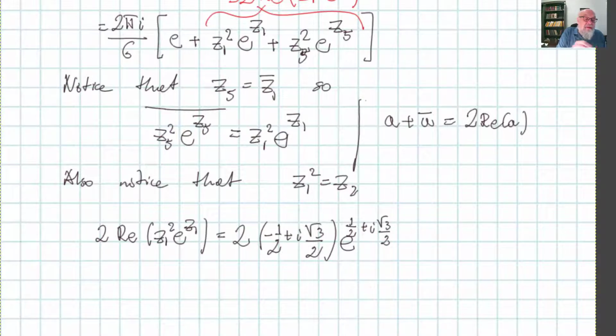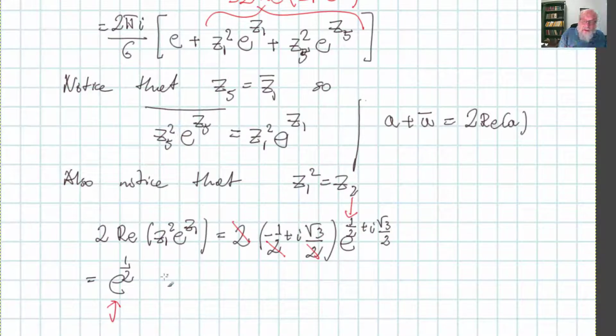Let's do some first quick cancellations and then try to simplify it. So this is equal to minus 1 plus i square root of 3. Then I have here, maybe put it in the front, e to the 1/2, which comes from this particular factor.